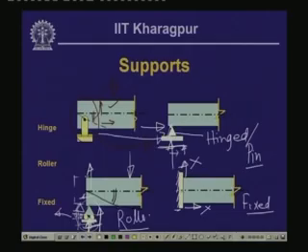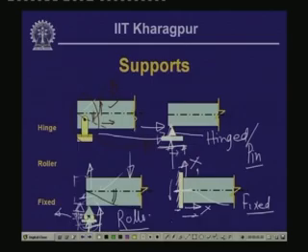Also, this part is not allowed to rotate freely. That means this particular axis will remain straight over here. So, no rotation as we had in the earlier cases is allowed. Here the horizontal movement, the vertical movement as well as the rotational movement are restricted.